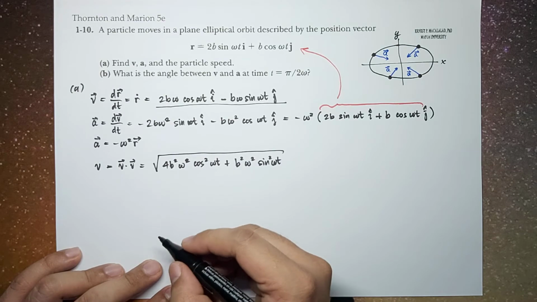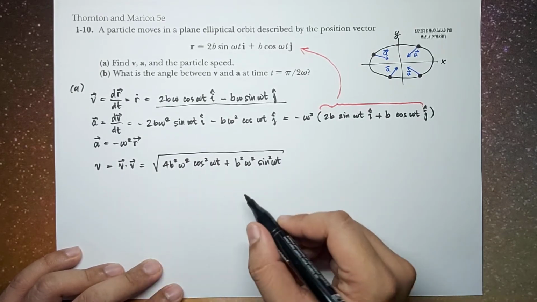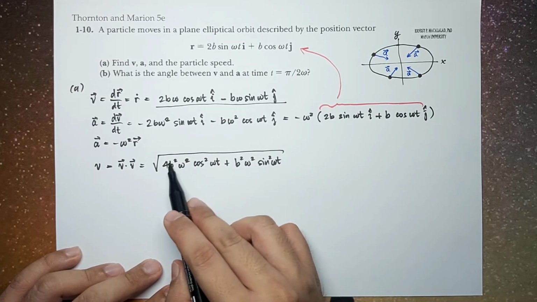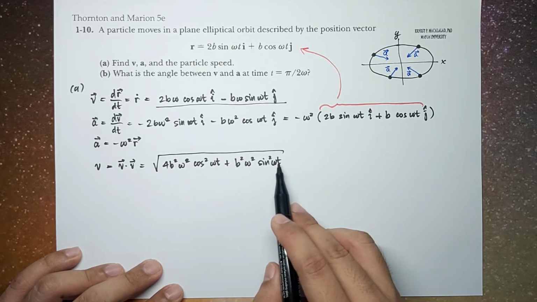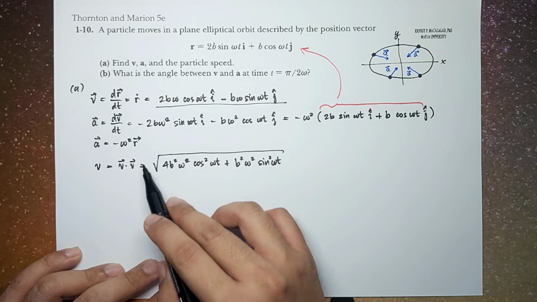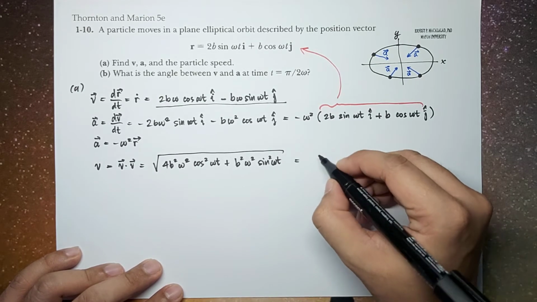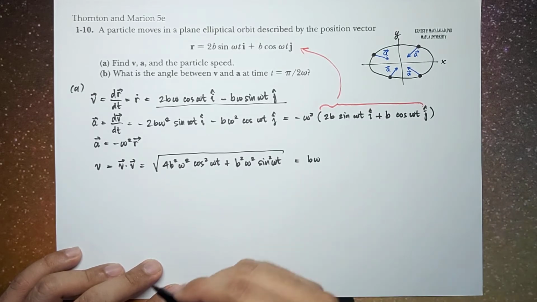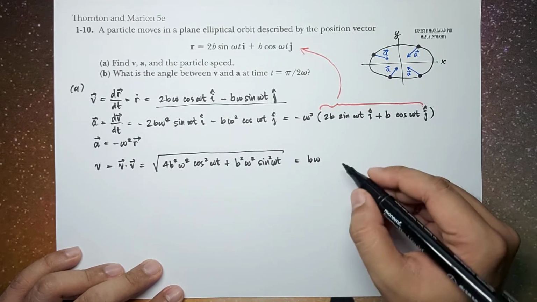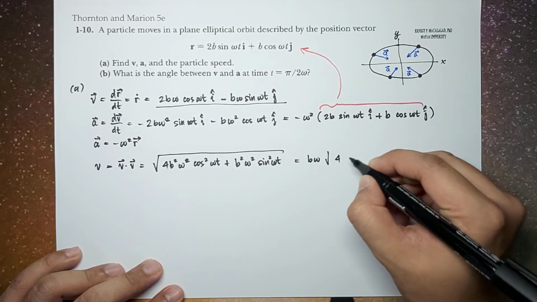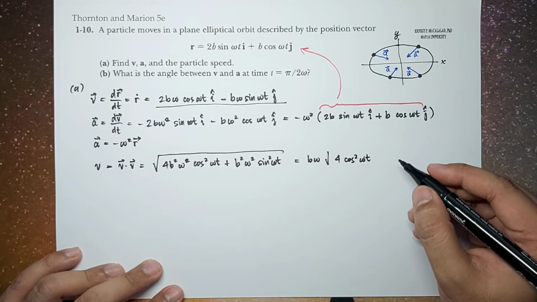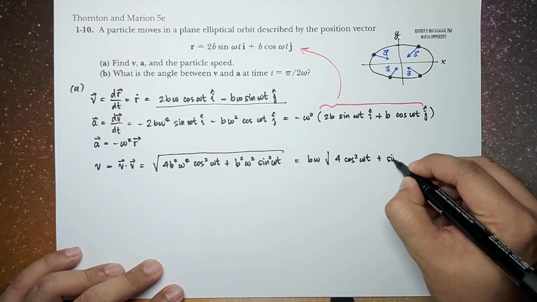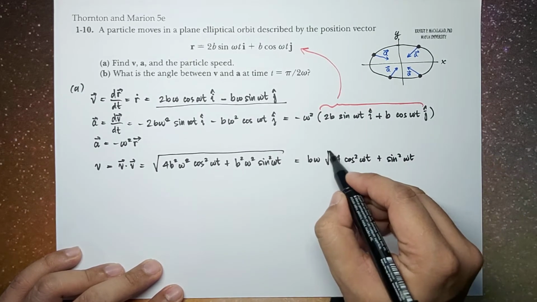We can simplify this further by factoring out b squared omega squared in this binomial, and then taking that square root, so that becomes b omega. What we'll be left with is the square root of 4 cosine squared omega t plus sine squared omega t.